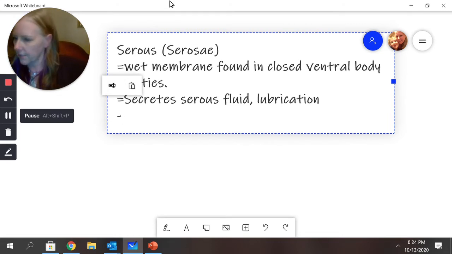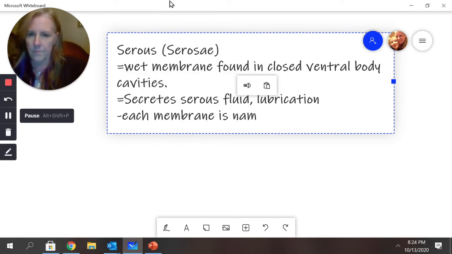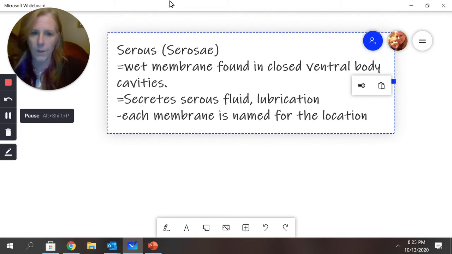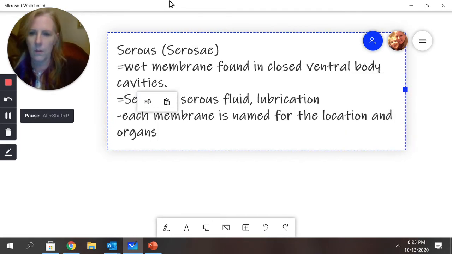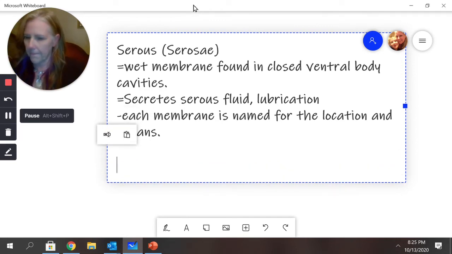Now here is where it gets interesting. Each serous membrane is named for the location where it's found and the organ that it surrounds. Let me give you a couple of examples.